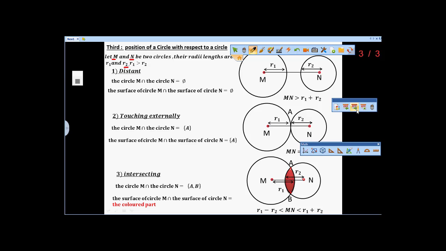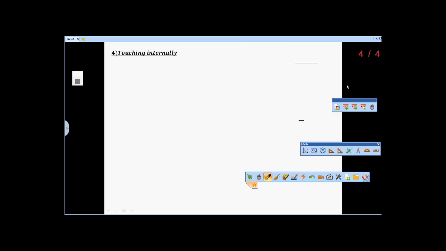The fourth case, touching internally. Touching internally, it means the two circles like this: circle N inside circle M, but they are touching at the point A. In this case, I find that the length of MN is equal R1 minus R2. What is the intersection between circle M and circle N?